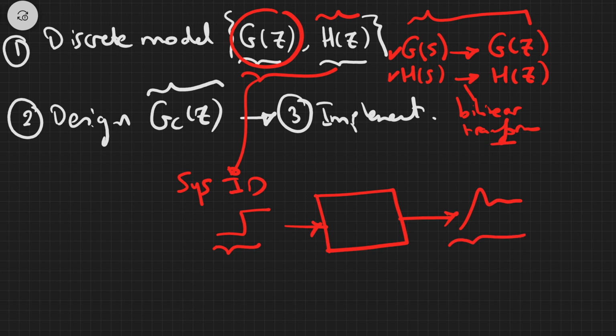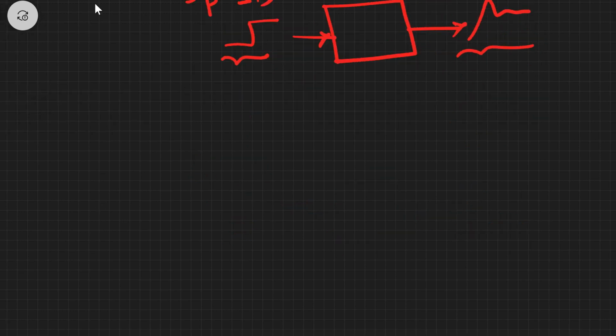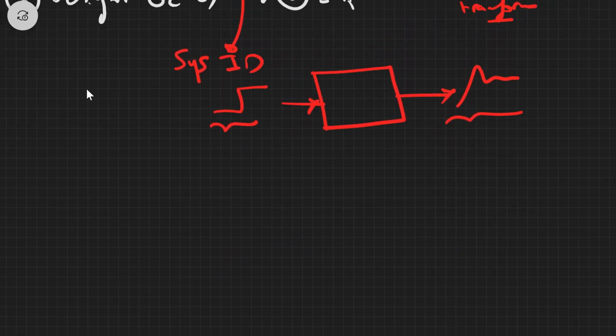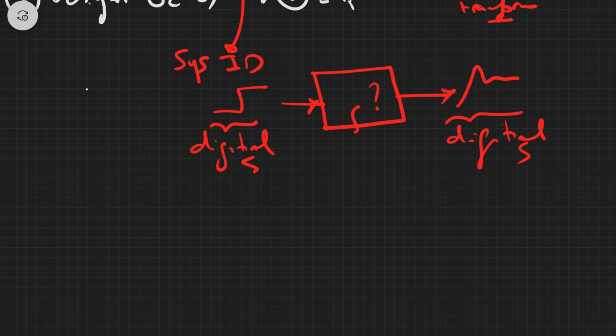This step is usually done on the computer, so you can easily have discrete or digital samples of the input, and you can also collect digital samples from the response. So if you have digital samples of the input and the output, you can obtain the transfer function in the Z domain right away using system identification.